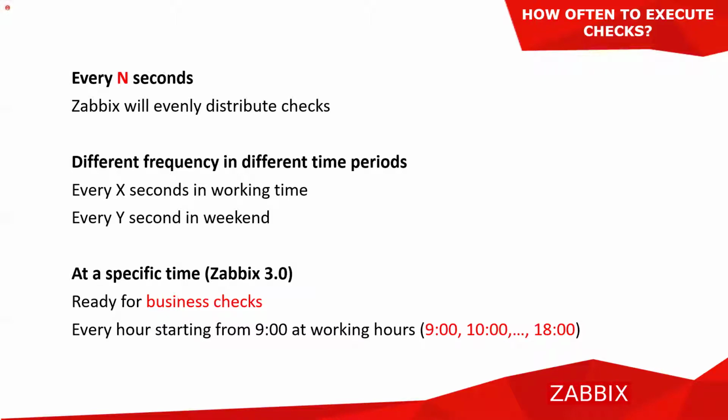You can also execute scheduled checks once a week or even once a month if you wish. Zabbix is absolutely flexible in terms of how often you want and can actually execute checks. So starting with 1 second and ending, let's say, with once a month, it's absolutely possible for different types of intervals.